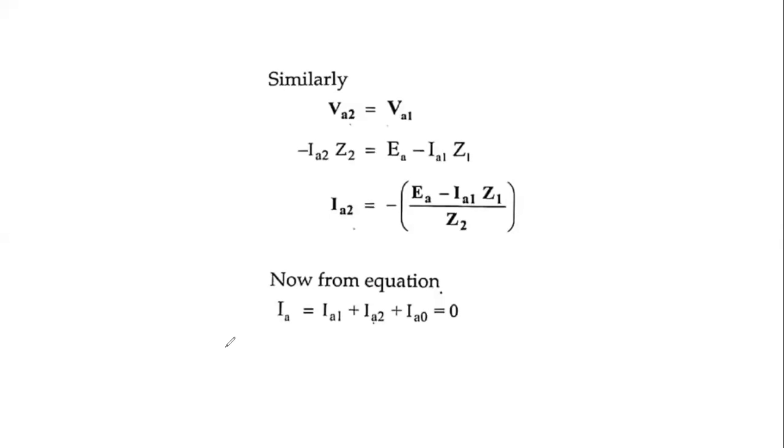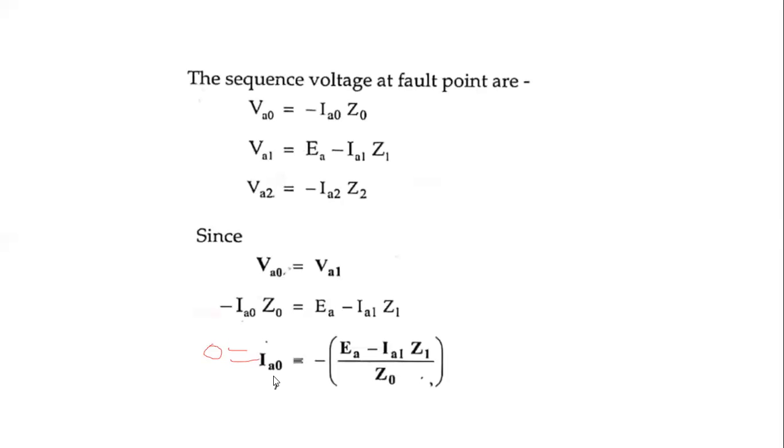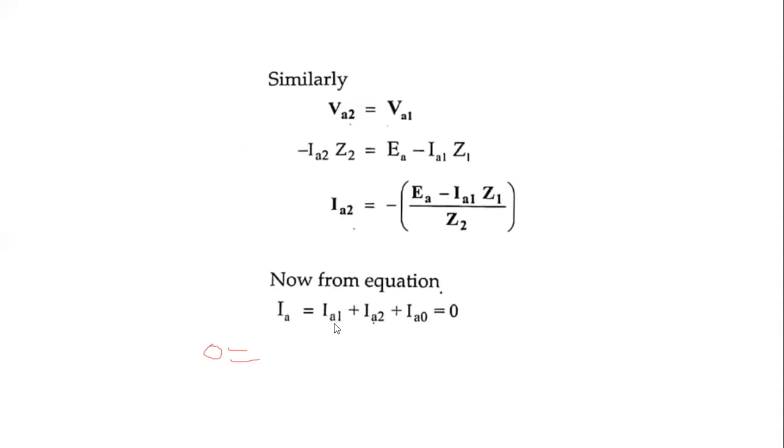Therefore, 0 is equal to IA1 plus IA2 plus IA0.